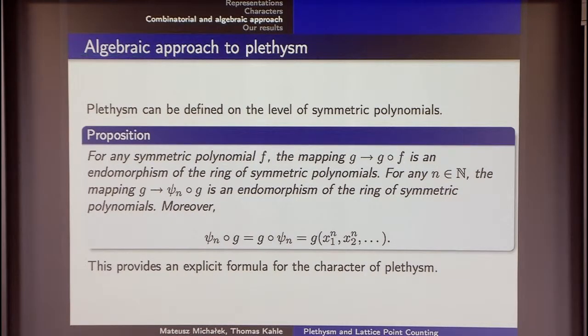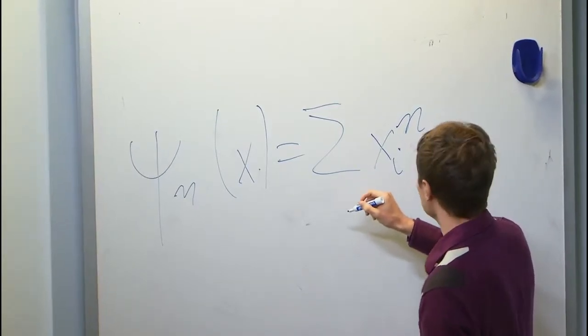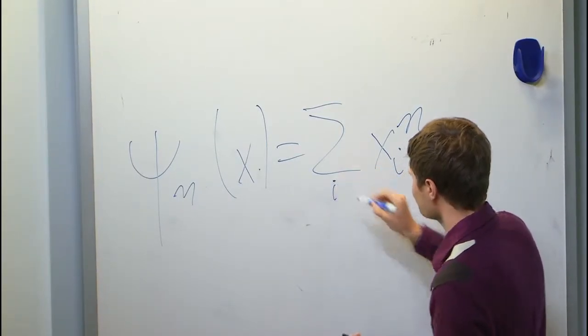And this Plethysm has very nice properties, namely in the outer thing, it's an endomorphism of rings of symmetric polynomials. And if the outer thing is just a power sum, psi n, by definition psi n of x means the sum of x_i to the nth power. It will be a very important function for me.